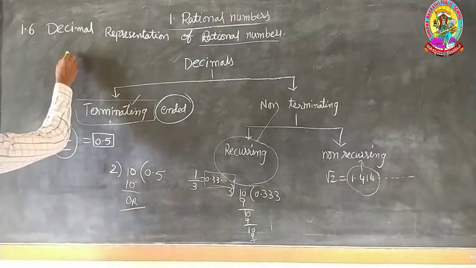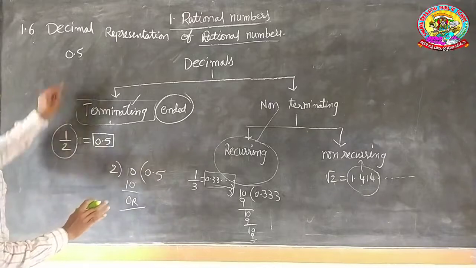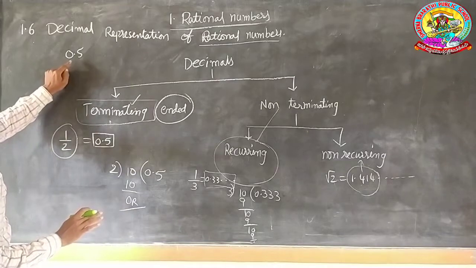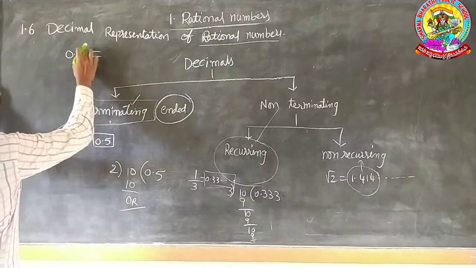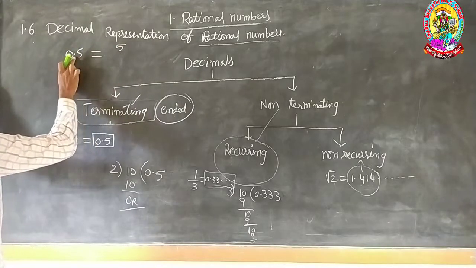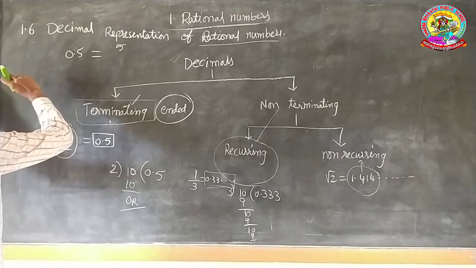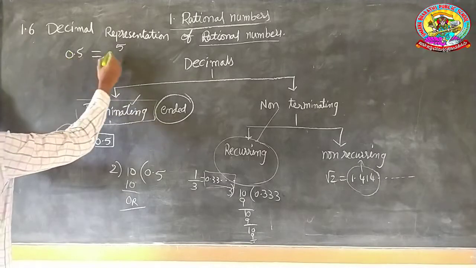Here, for example, take 0.5. This is a terminating decimal. By simply converting this terminating decimal, write this entire number by removing the decimal point. So the number is 5.